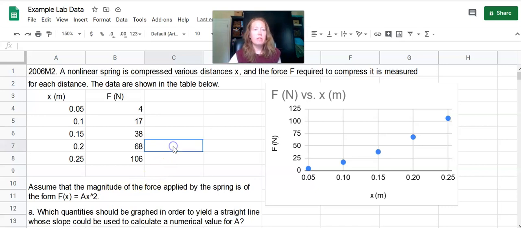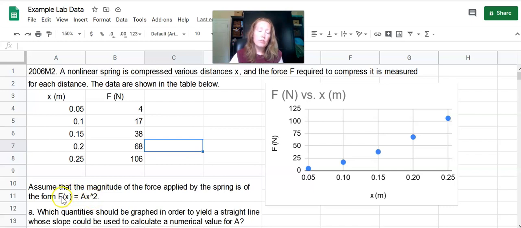So the process for doing this is to graph two quantities that would have a linear relationship. Since we assume that this is the relationship, there are two right ways to do that. Basically we have y equals ax squared.